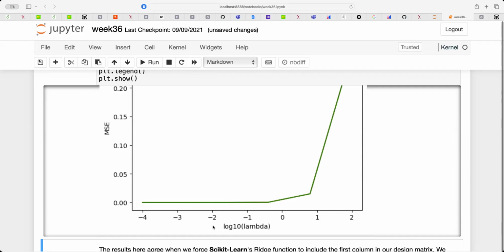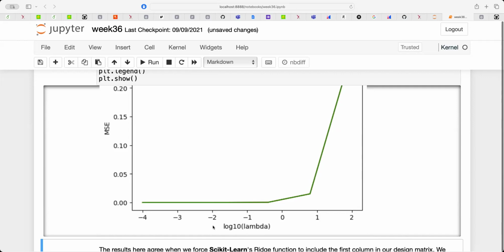But then I start increasing lambda. And if you think back to what we discussed before the break, what is happening now when I increase lambda is that I'm driving the parameters beta to become smaller and smaller. So when I drive them to become smaller and smaller, what it means is that this term with y tilde here is going to vanish.